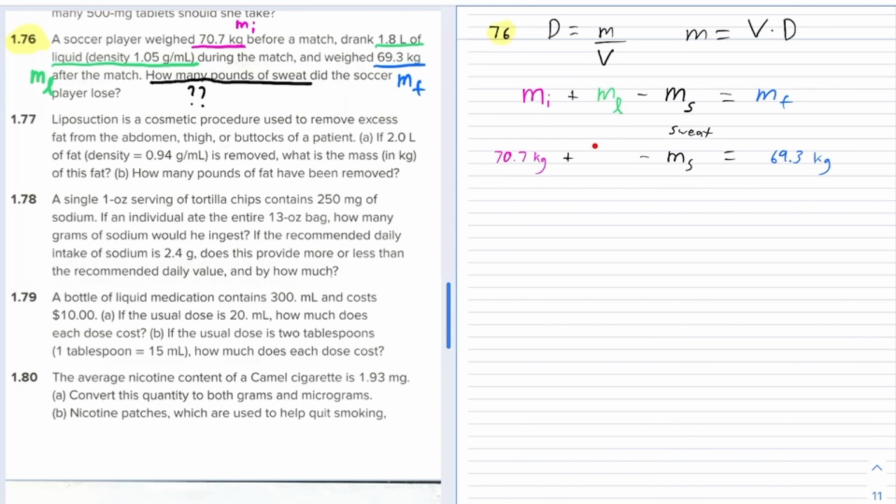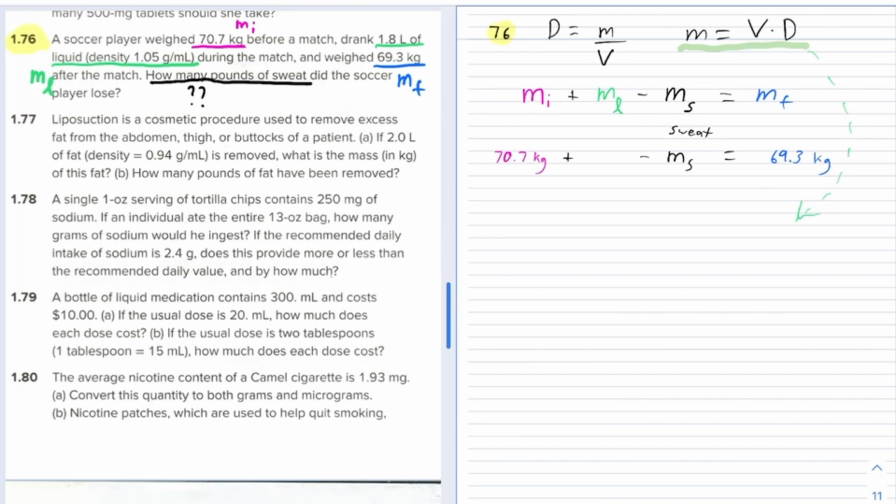So the last thing to plug in is the mass of the liquid, and so we're going to get that through this relation right here. The mass of the liquid equals its volume times density. Let's bring that down here and figure that out before plugging it in.